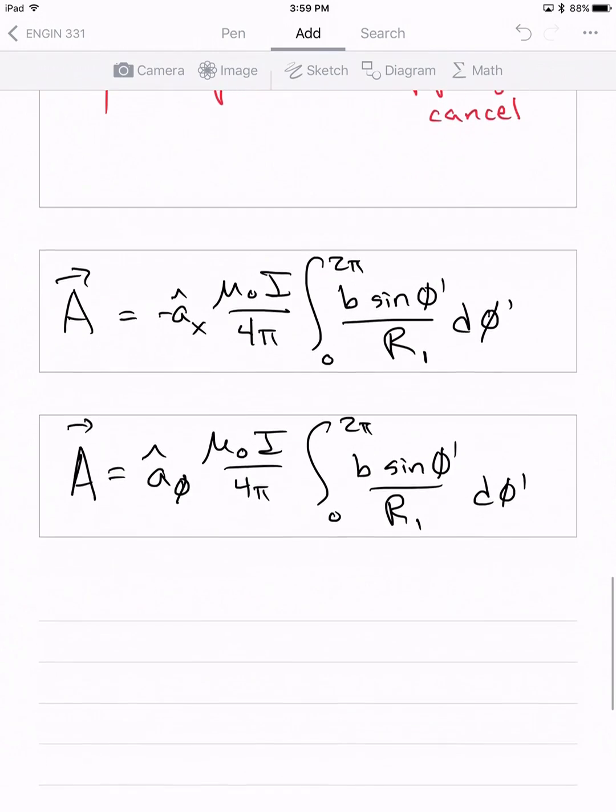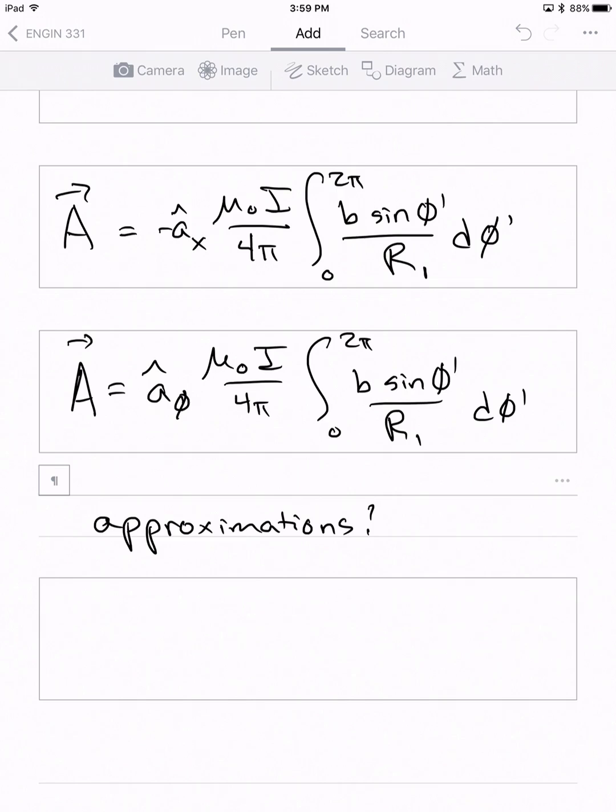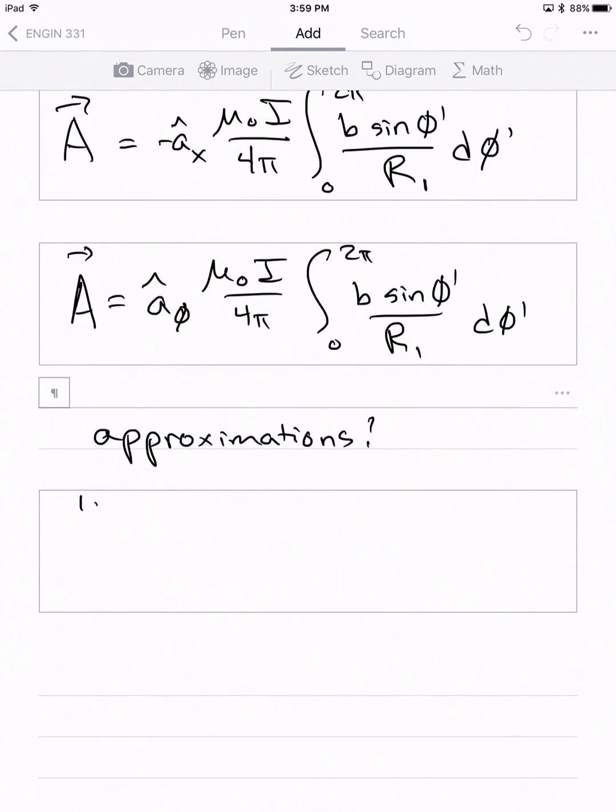Cool. Now, here's the part where we make approximations. Start with the law of cosines.